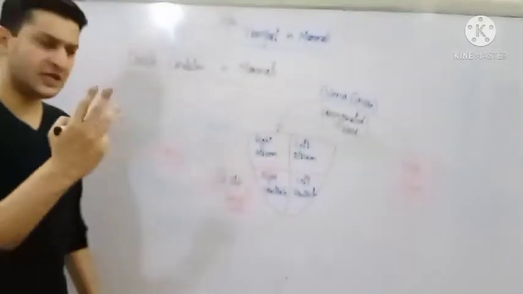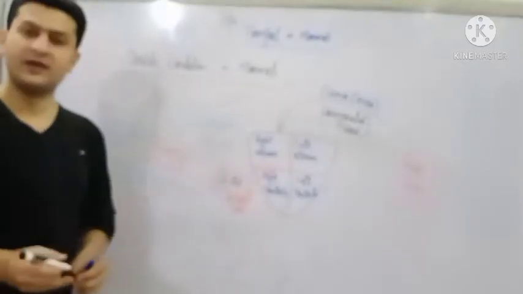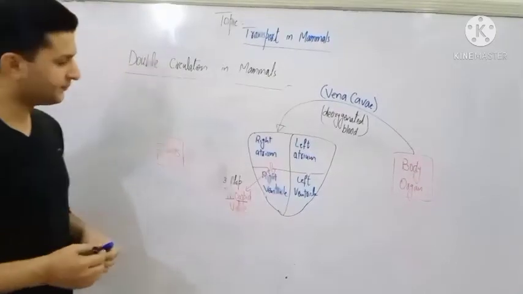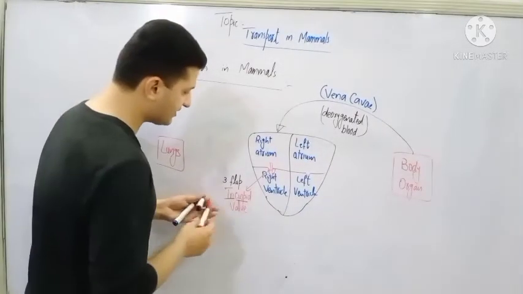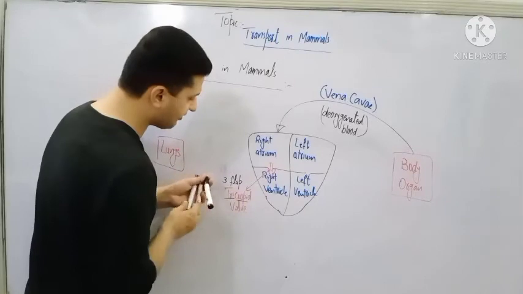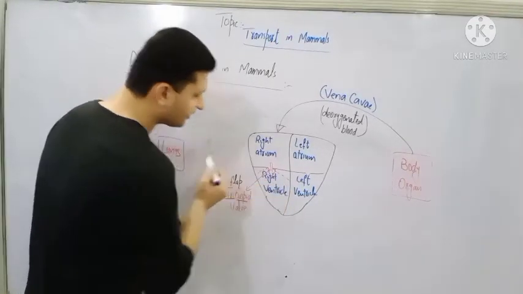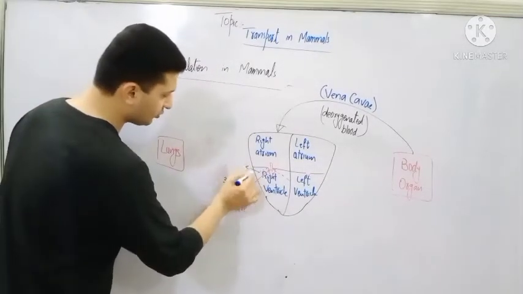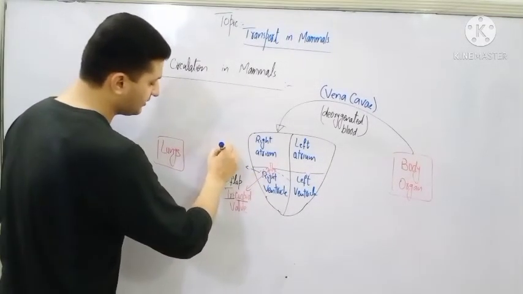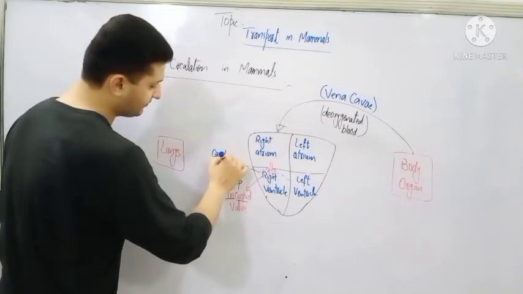Tri means three and cuspid means flap. So this valve has three flaps. So this valve is known as the tricuspid valve, and it is attached to the ventricle wall with the help of a thread-like structure which is known as cardiotendon.